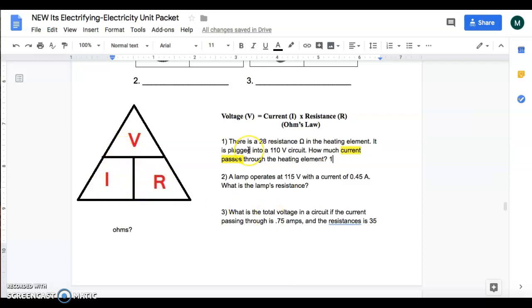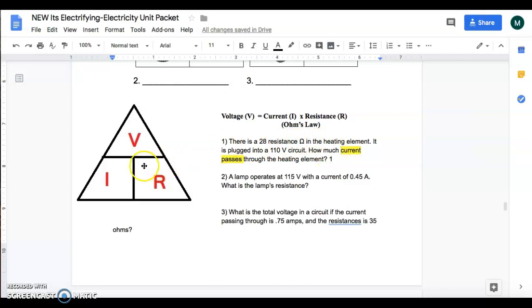So let's start with this first one here. It says there is a 28 ohm resistance in a heating element. It's plugged into a 110 volt circuit. How much current passes through the heating element? What we can see here is I've already highlighted I, the current, because that's what we're looking for.